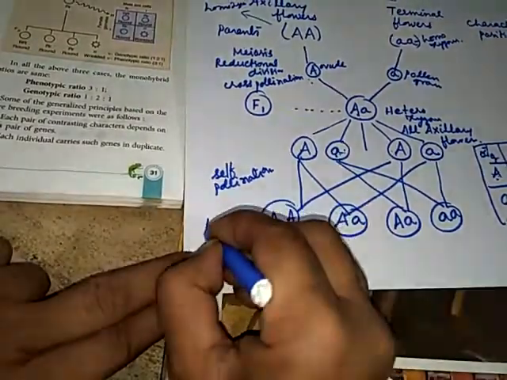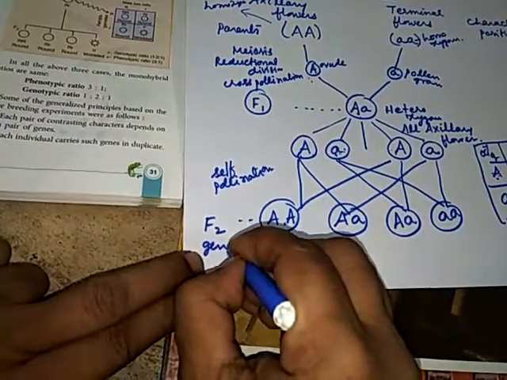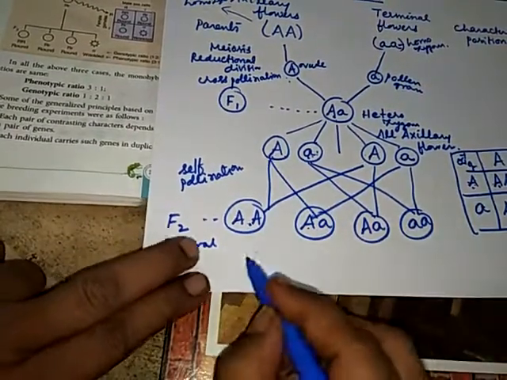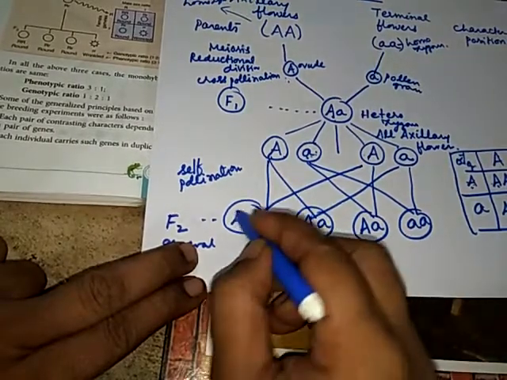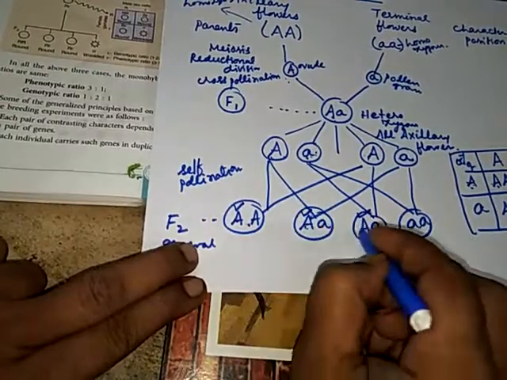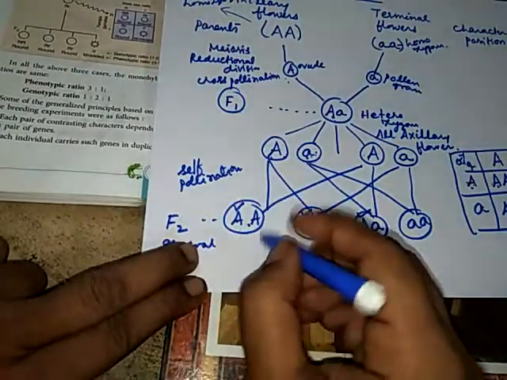This is our F2 generation. In the F2 generation, we got 4 offspring, and out of the 4 offspring, A is dominating here. The dominant character A is always showing the axillary flowers.